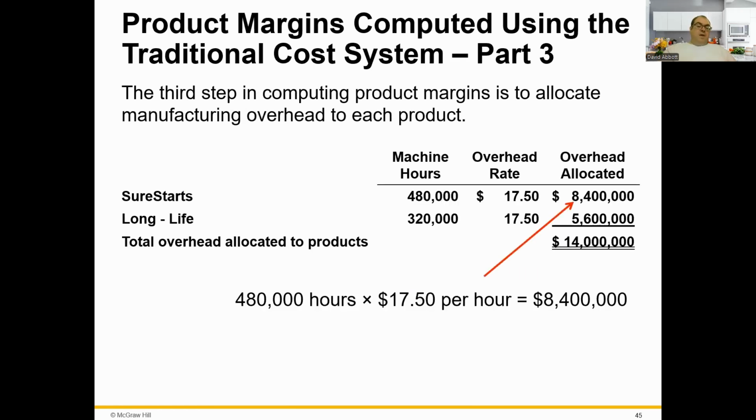The third step is to allocate manufacturing overhead to each product. Notice that 480,000 machine hours were worked on Sure Starts, so $8.4 million, which is 480,000 hours times $17.50 for manufacturing overhead, is assigned to this product. Long Lives are assigned the remaining $5.6 million, which is 320,000 times $17.50 for manufacturing overhead.